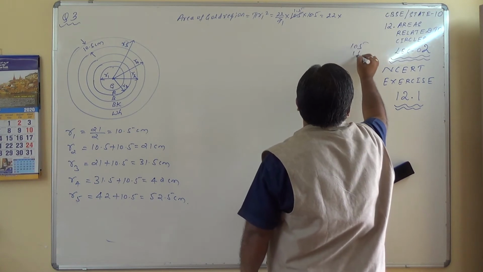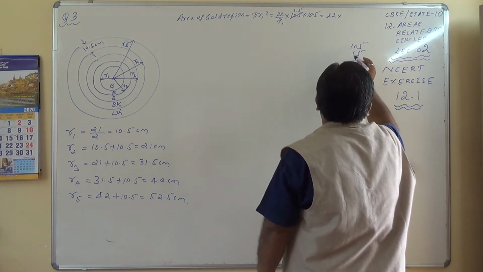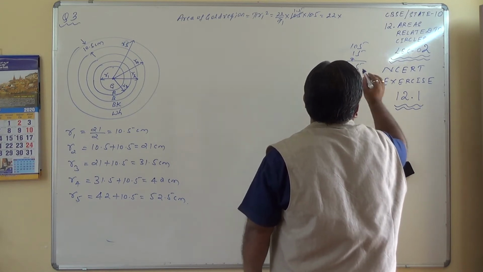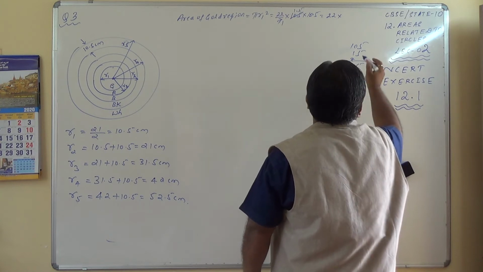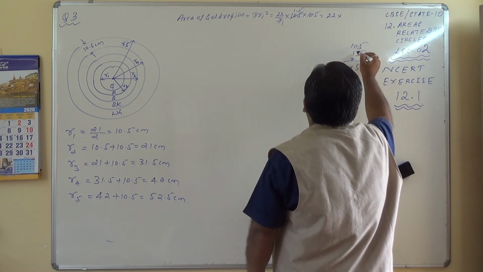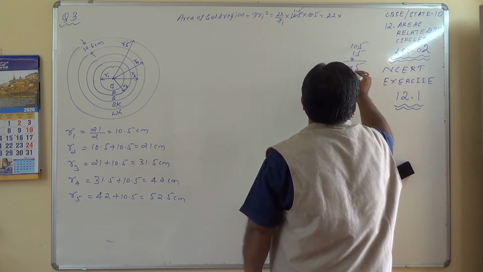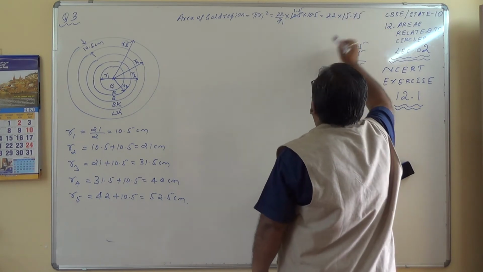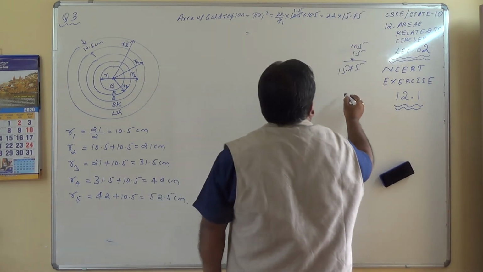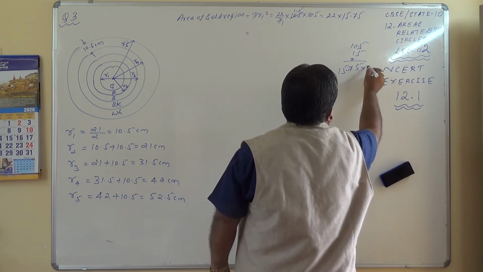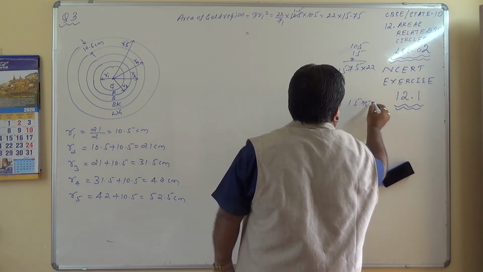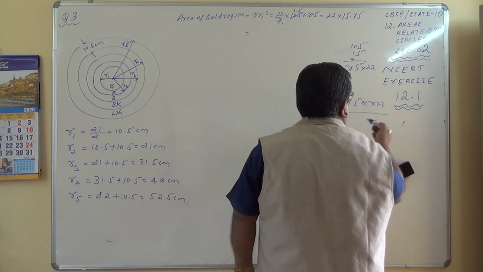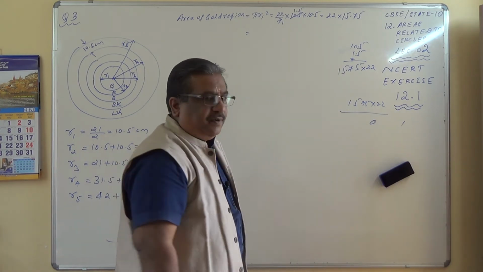Let me work out. 15.75 into 22, 1575 into 22, so this will be 346.5.